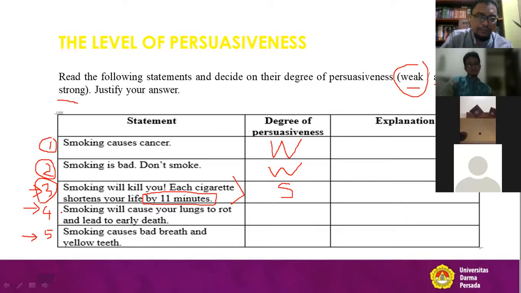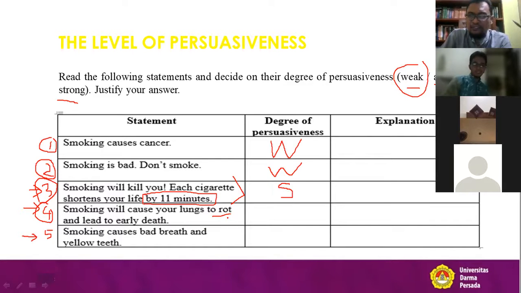How about number 4? Weak. Why is it weak? Not related, sir. Smoking will cause your lungs to rot and lead to early death.